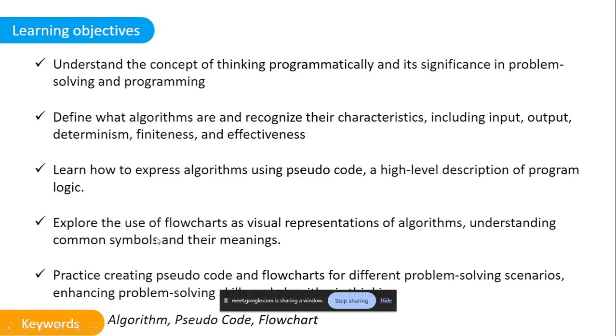Then we explore the use of flowcharts as a visual representation of algorithms, understanding common symbols and their meanings. And if time permits, we will put our knowledge into practice by creating a pseudocode and flowchart for different problem solving scenarios. That is basically the objectives of this session.